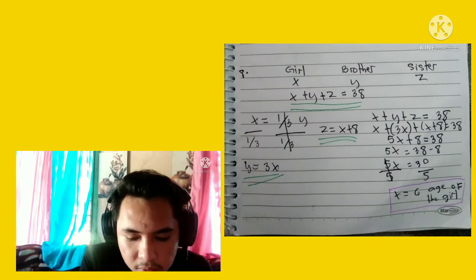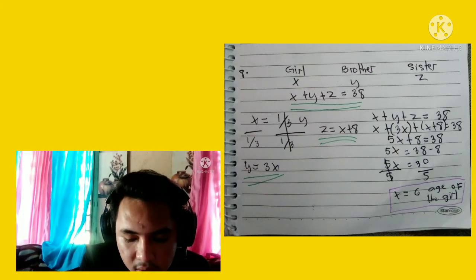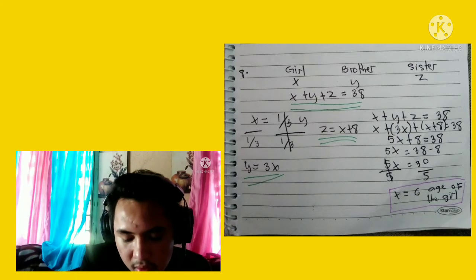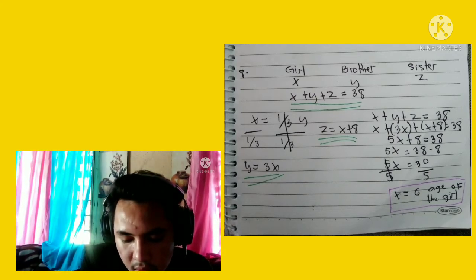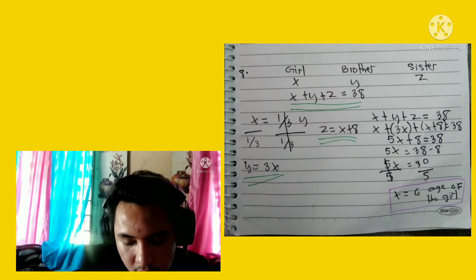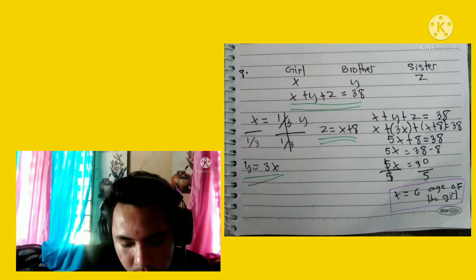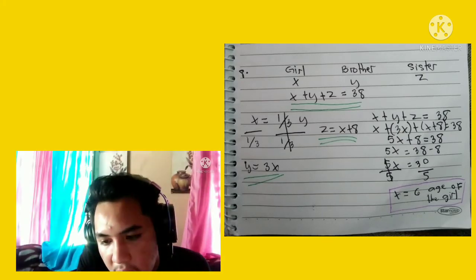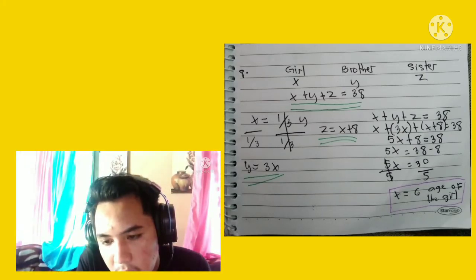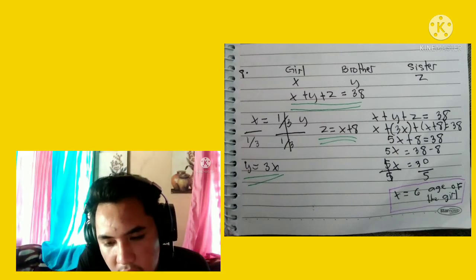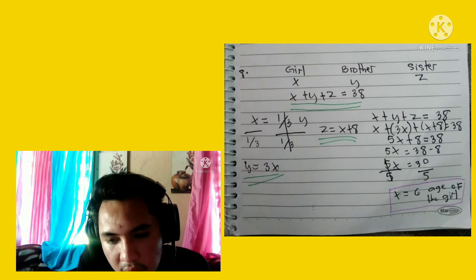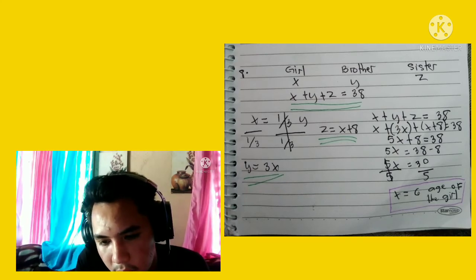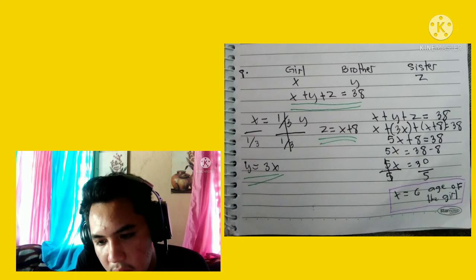Then we can now solve for z. So our z is x plus 8, because here it is said that the girl is 8 years younger than her sister.